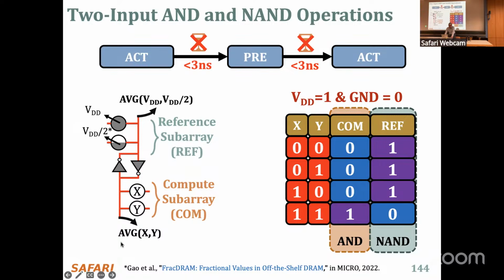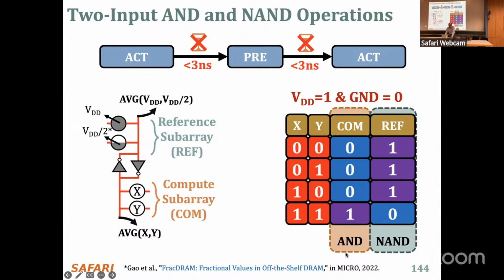Now, assuming that the only values the voltage of a cell can take are 0, VDD over 2, and VDD, the only case in which the average voltage of X and Y will be greater than 3 VDD over 4 is if and only if X and Y are both VDD, meaning X and Y are both 1. Right? Which means that this is an AND function by definition. If and only if X and Y are 1, you get 1 in the compute subarray. Otherwise, you get 0 in the compute subarray, right?